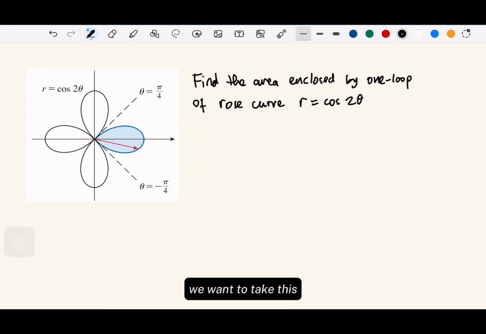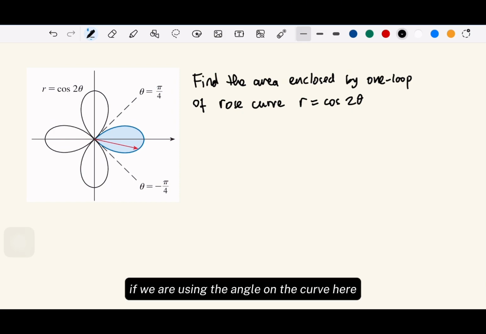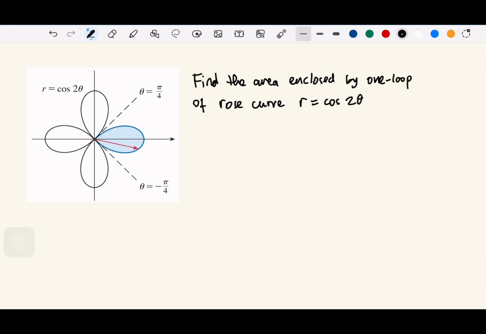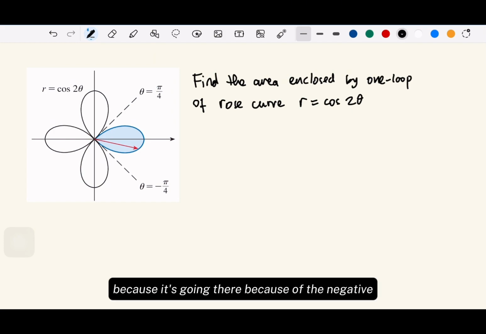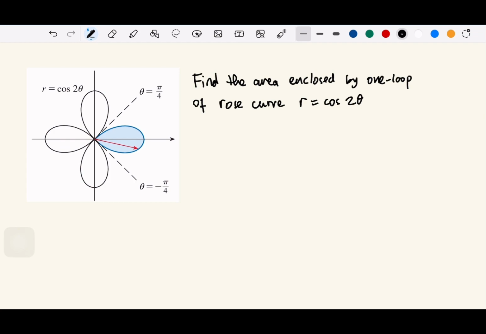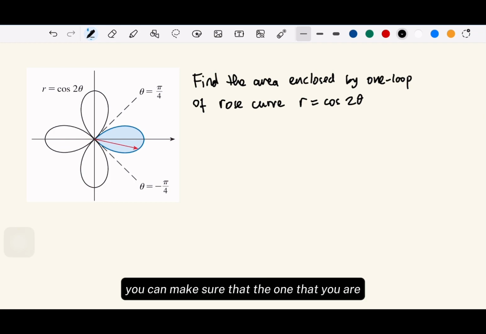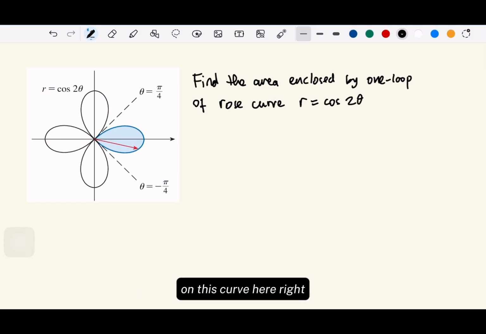For example, we might say this is from pi over 4 to here, but that is wrong. This one should be here, because it's going there, because the cosine has a negative. So to avoid mistakes, make sure that the angle you evaluate is on this curve here. I hope you get my point.